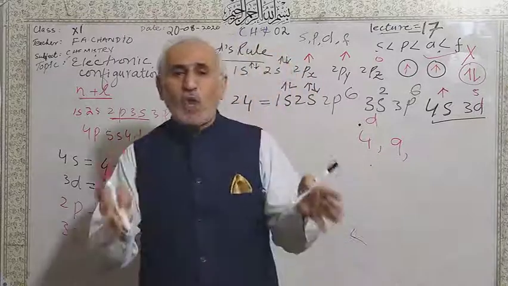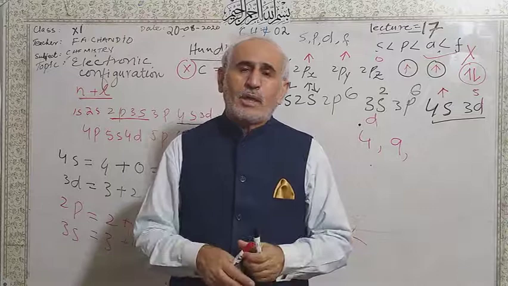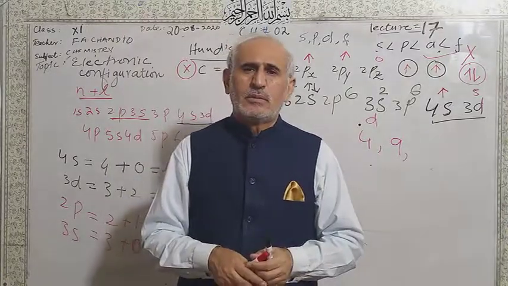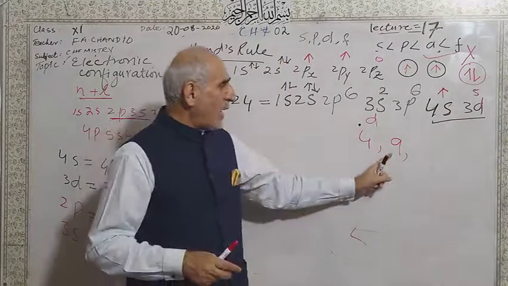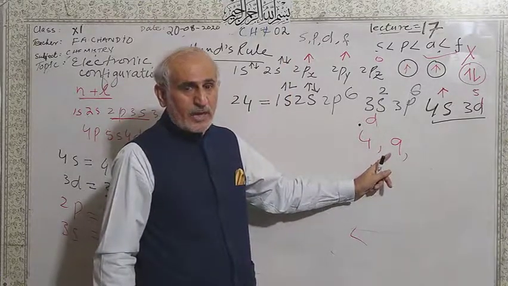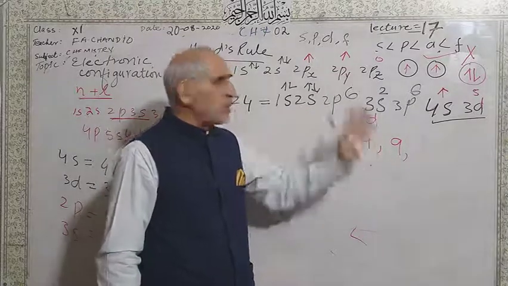If there are 4, make it half filled, 5. And if there are 9, the atomic number of copper, yes, is 29. You can do this one also.